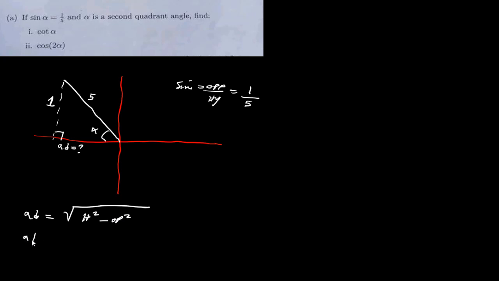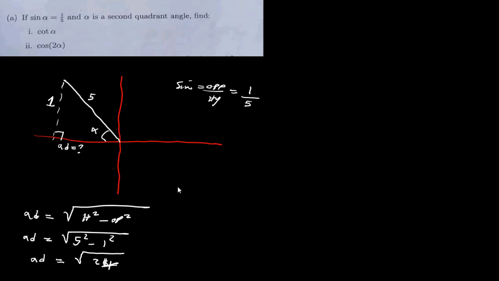So the adjacent is the square root of 5 squared minus 1 squared. We know 5 squared is 25, minus 1, which is 24.